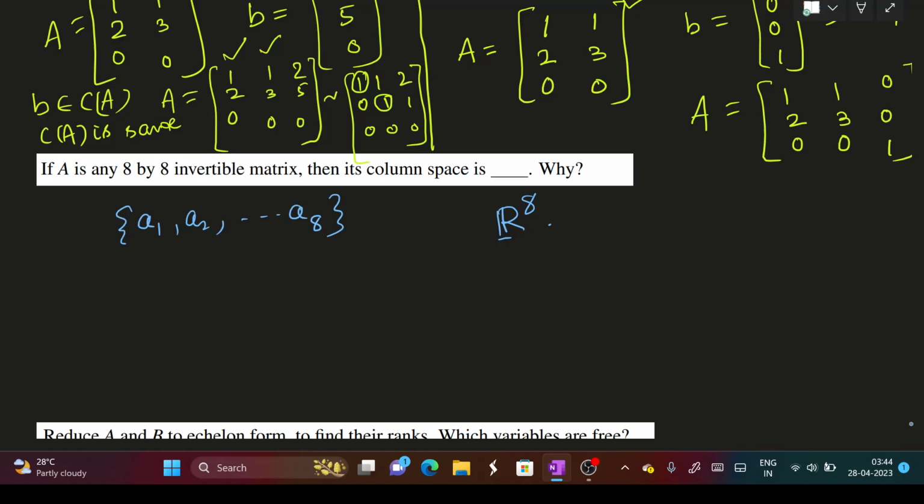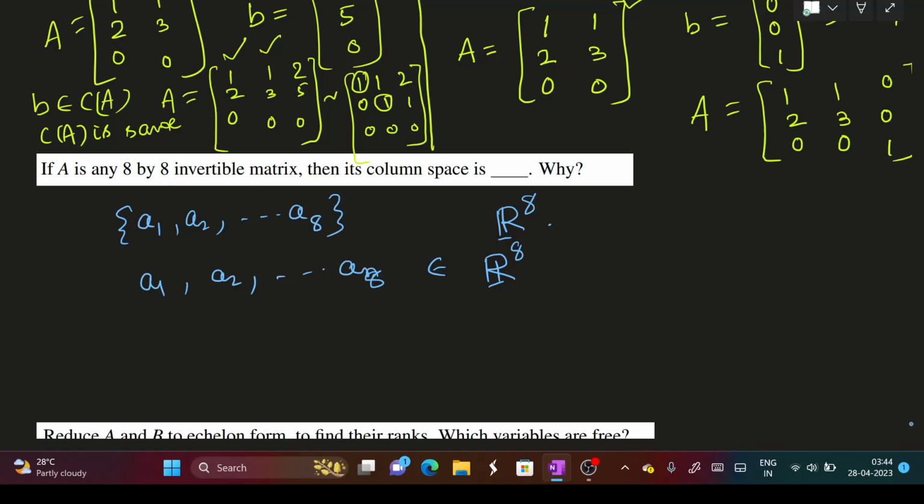All of them are elements of R to the power 8. These are 8 different vectors. Now if it is an invertible matrix, this matrix is non-singular. Non-singular means it is having a full set of pivots. That means all its column vectors are linearly independent.